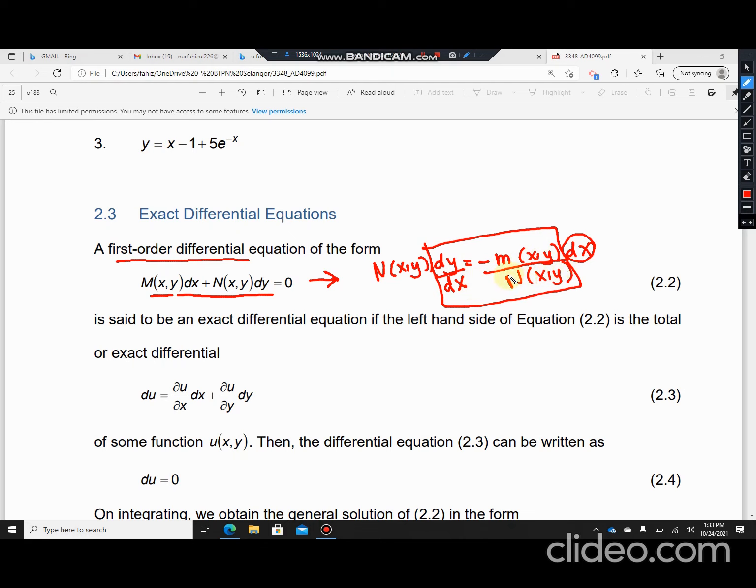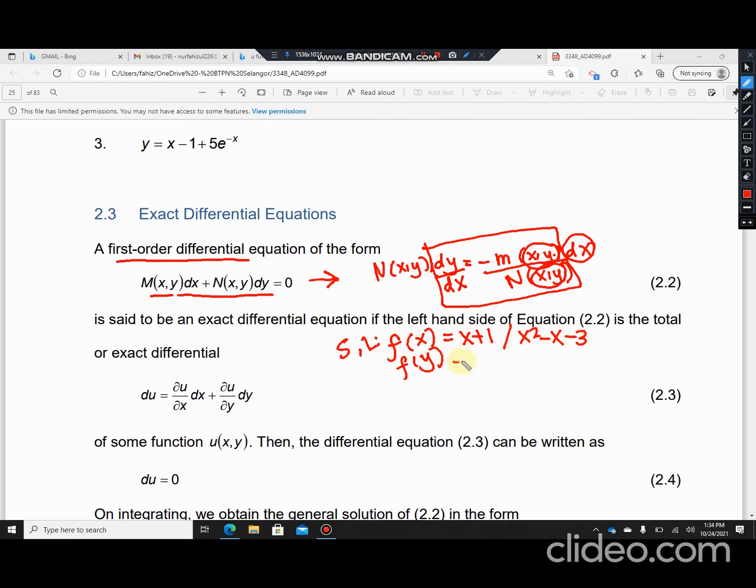One more difference between exact differential equations and separable and linear. If you can see here, I put M(x,y) and then N(x,y). Why do we put x y in here? Because it is a function involving x and y. For separable and linear, sometimes we just put f(x) or f(y). So f(x) means it only involves the function of variable x, for example x plus 1 or x squared minus x minus 3.